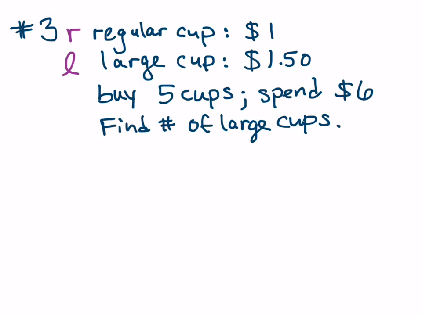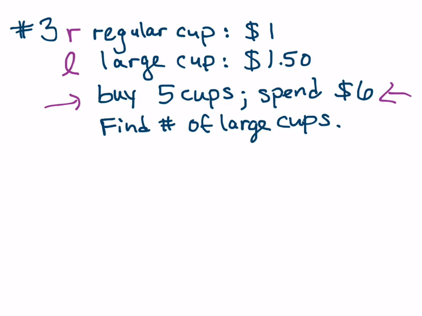All right, now the setup for this is kind of similar to the 2 word problems that you have in your homework, so I thought we should go through this. It's a little different than the other 2 that we did. Basically, you have some information about the cost of the cups, and then you also have this sentence, they buy 5 cups and they spend $6.